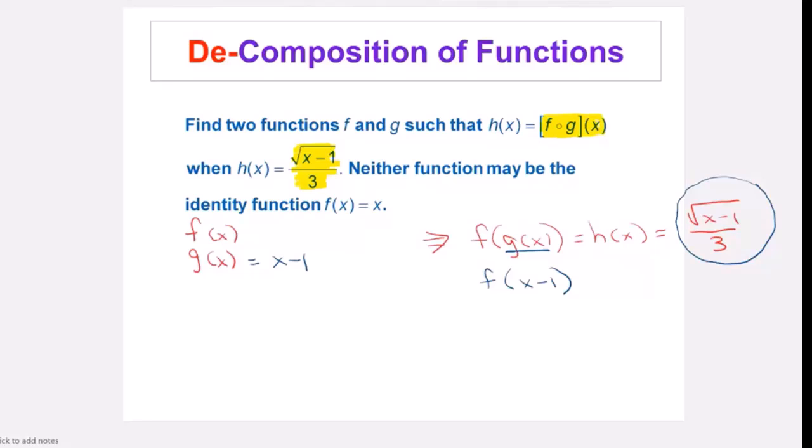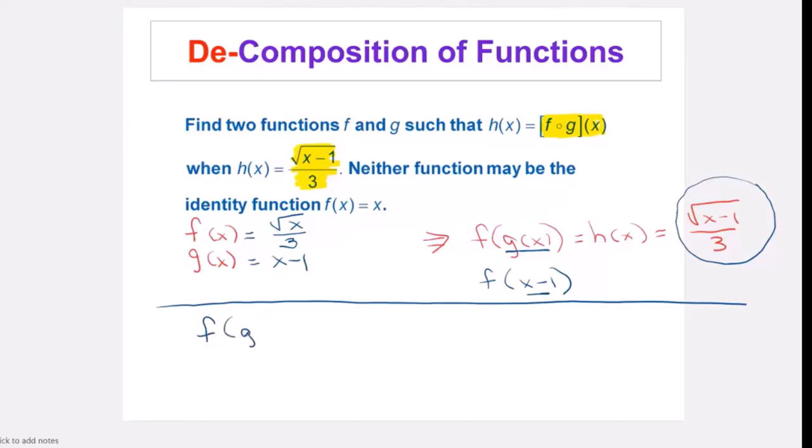And remember, whatever's in here is going to go wherever x is in my f of x. So if I say f of x is equal to the square root of x over 3, notice what happens, and you should always check your work if you're not sure. So let's start here and see if when I do f of g of x, I end up with h of x, just like I'm supposed to. So I start off with f of g of x is x minus 1.